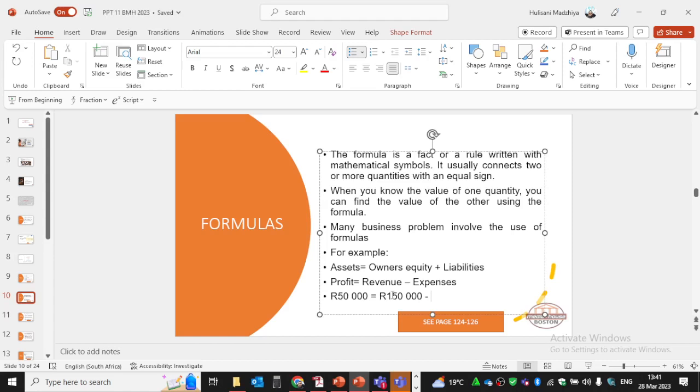You have accounted for all the expenses, but you do not know how much you spent on that. So you are going to say open brackets, all the expenses that you incurred, which is for example 50 or 80,000 plus A. So the A will represent the missing figure.